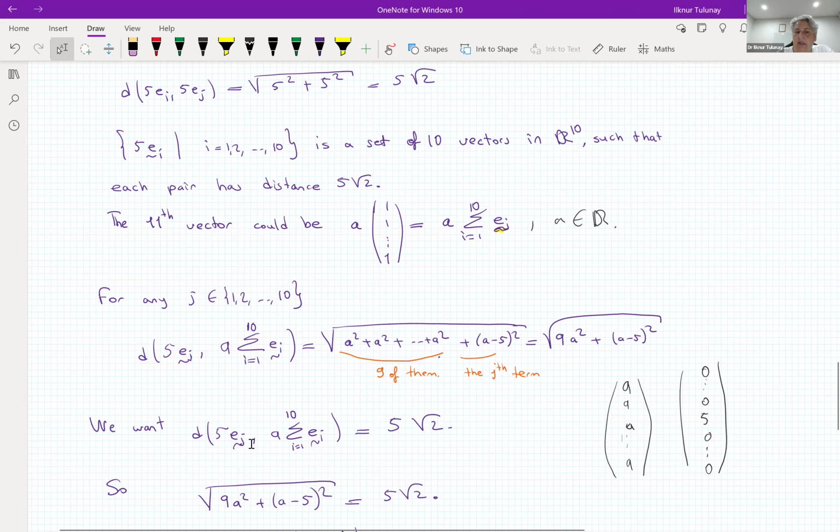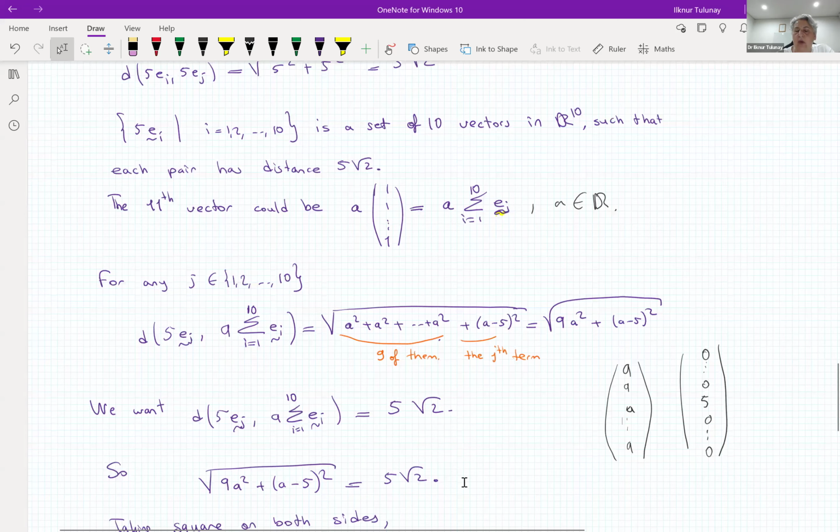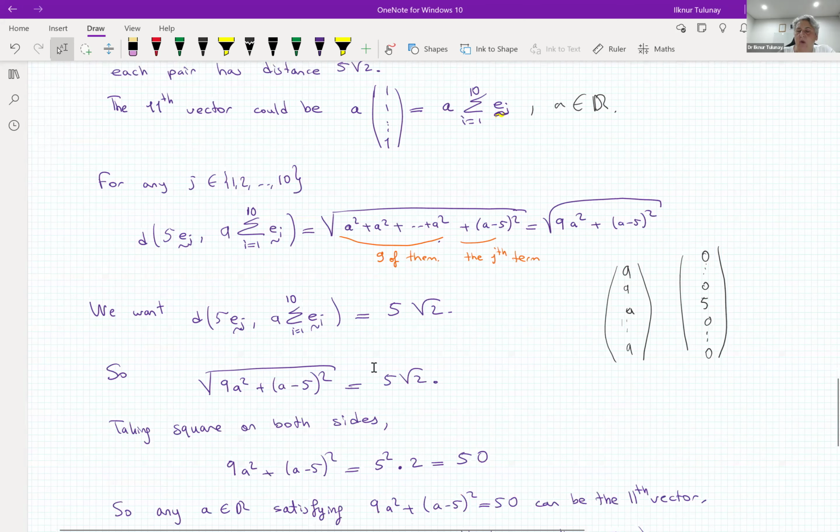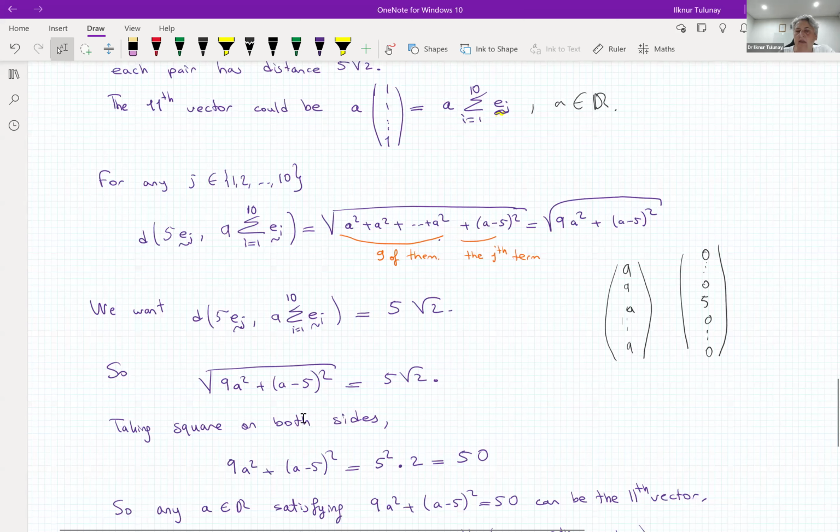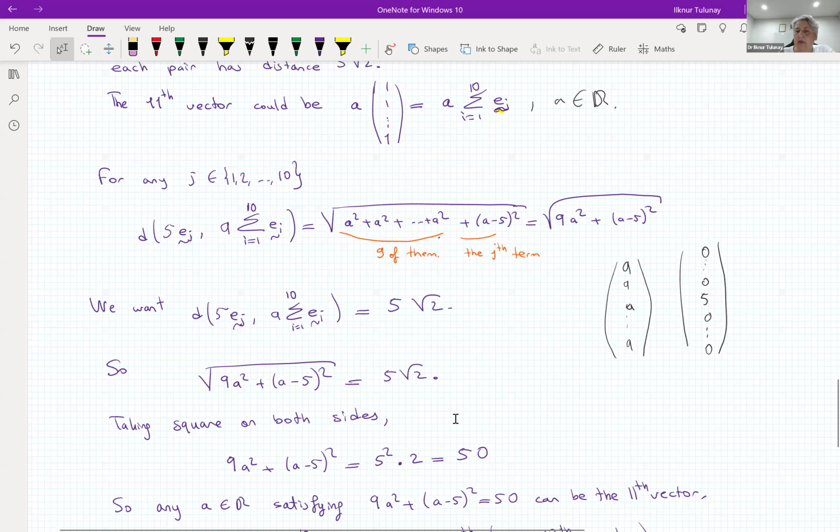The requirement is what we want: this distance is equal to 5 root 2. Taking the square on both sides, we have 9A squared plus A minus 5 squared is equal to 50.